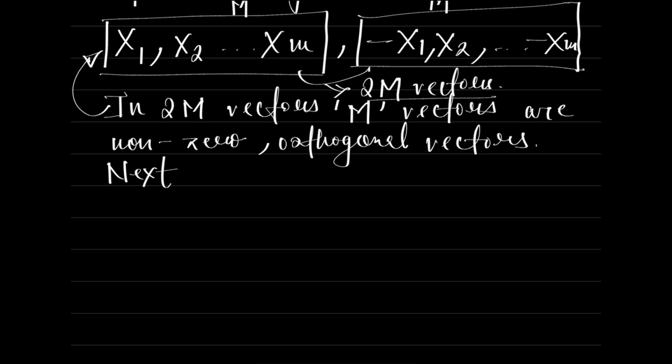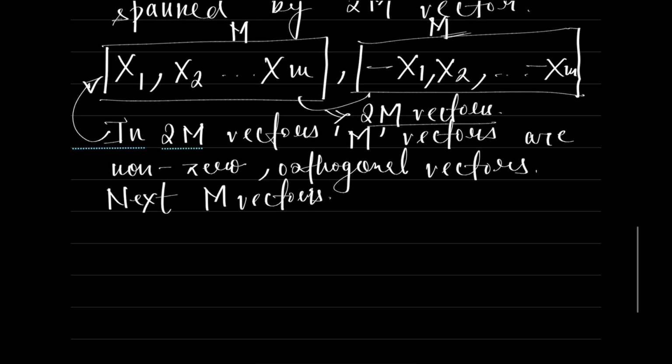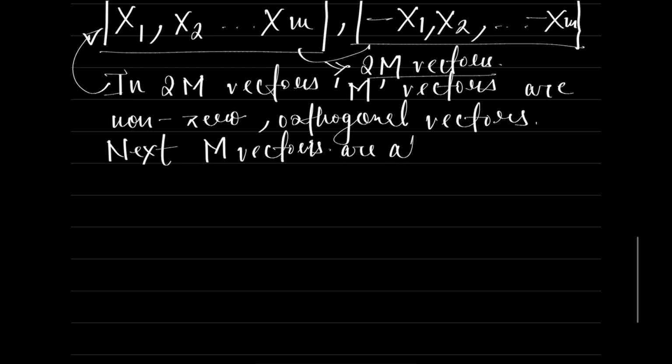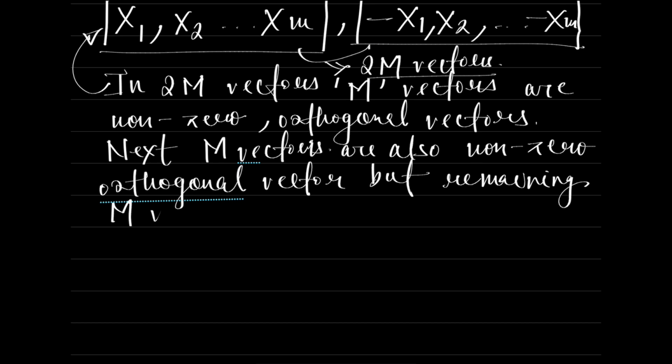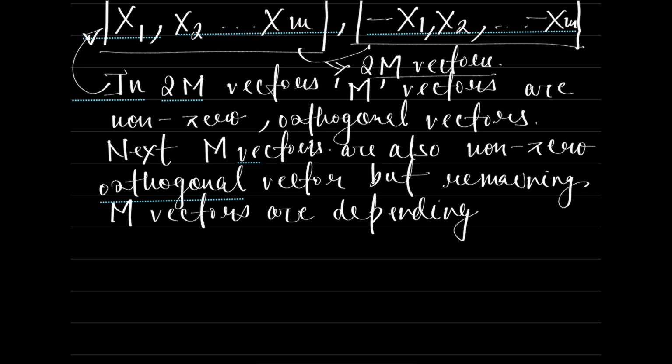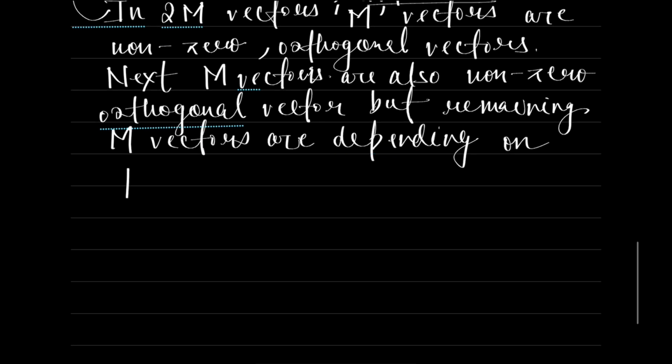Next, the m vectors, which are these m vectors, are also non-zero orthogonal vectors, but the remaining m vectors are depending on the previous m vectors.